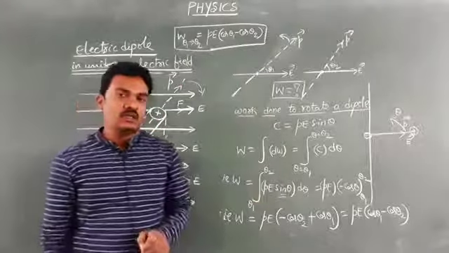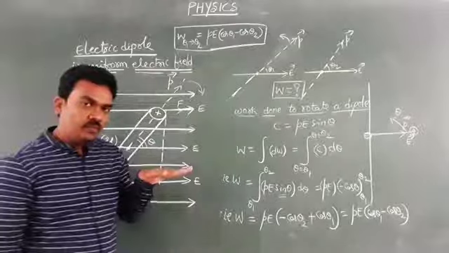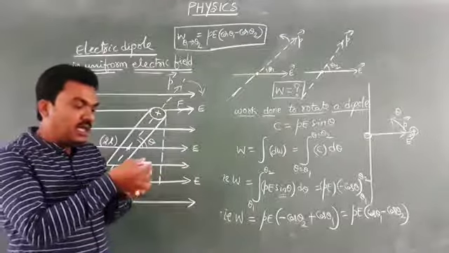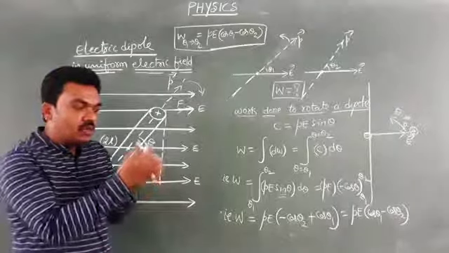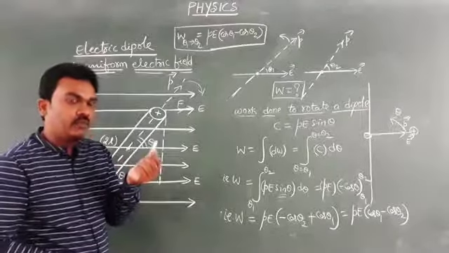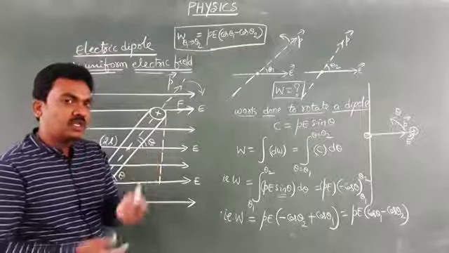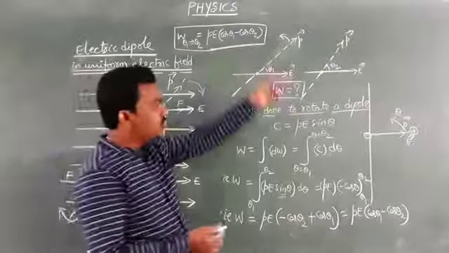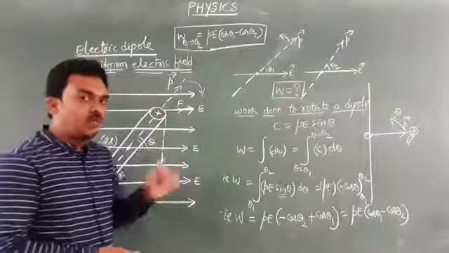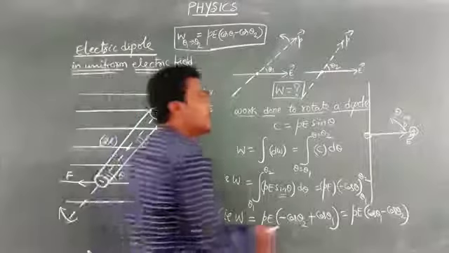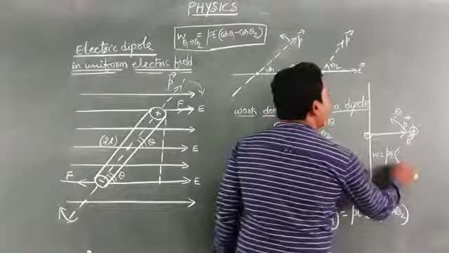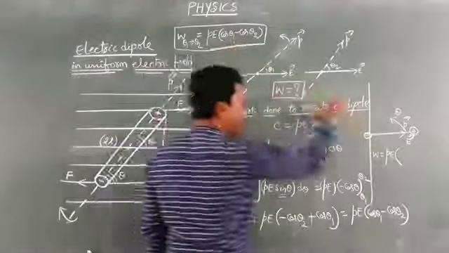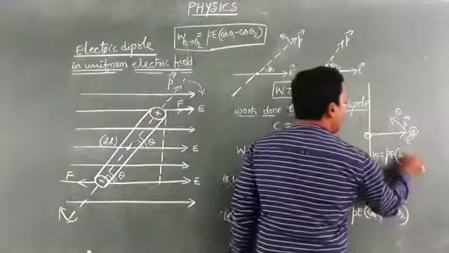Shall I repeat? An electric dipole is placed in the direction of electric field. Now you wish to turn the dipole through an angle theta. So in this particular situation, your theta 1 will be equal to 0 and your theta 2 will be equal to theta. Then the amount of work done W equal to PE (cos 0 degrees, which is 1, minus cos theta).